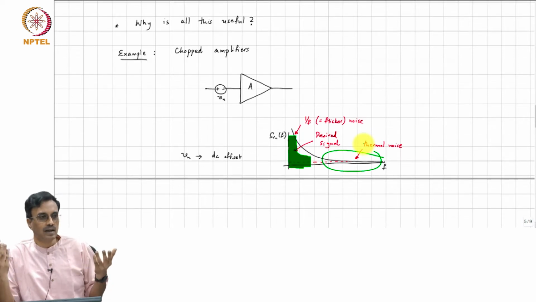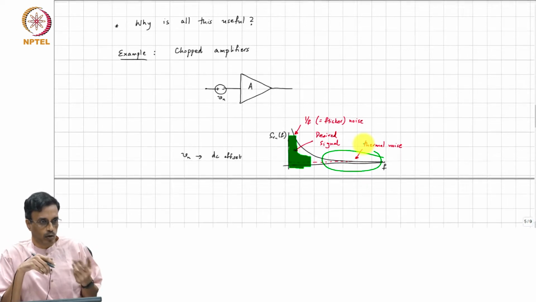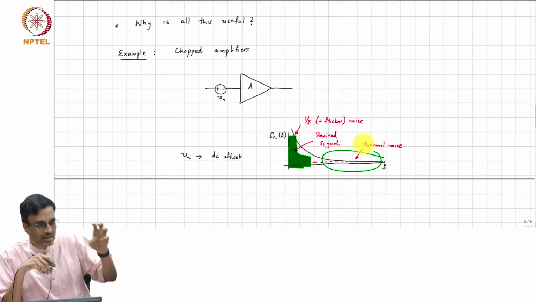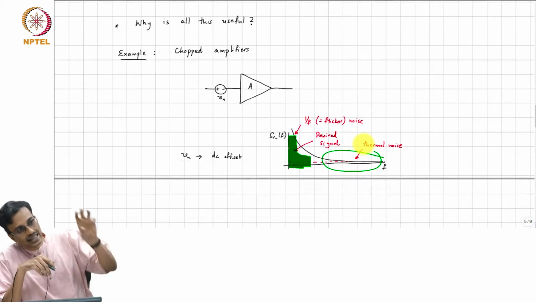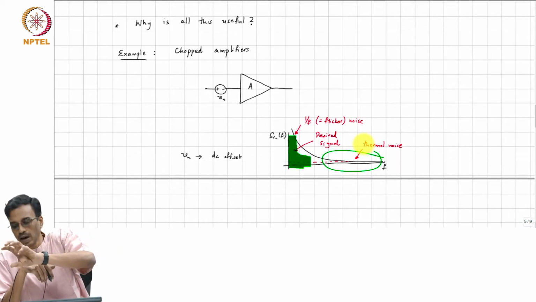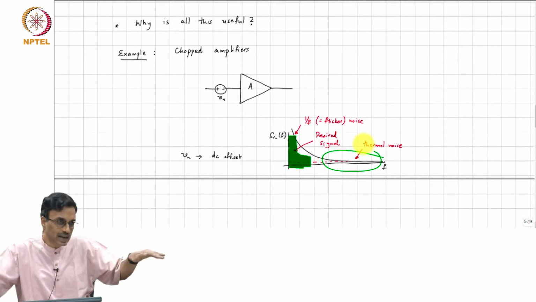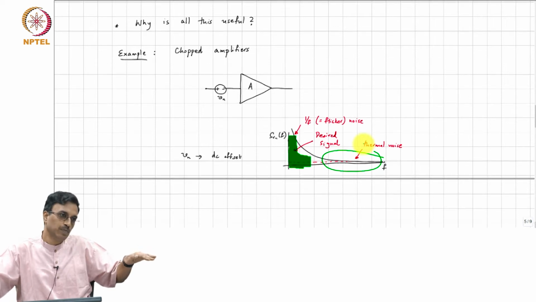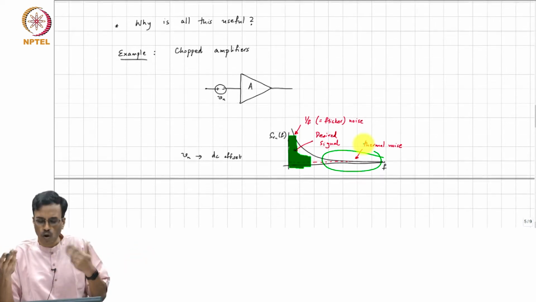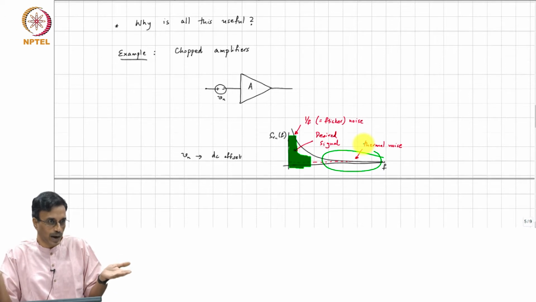So the idea behind one approach to avoid this flicker noise problem altogether is to take the input signal and translate it to high frequency, where we know that the input referred noise of the amplifier is only white.